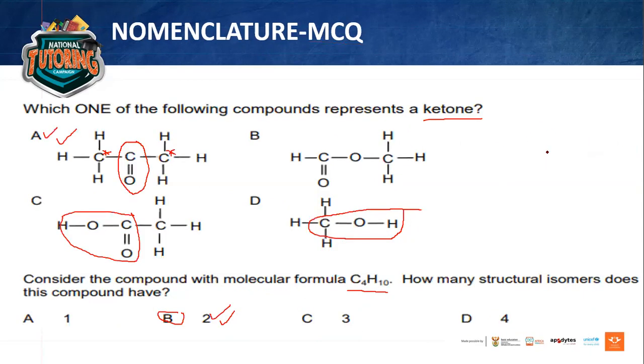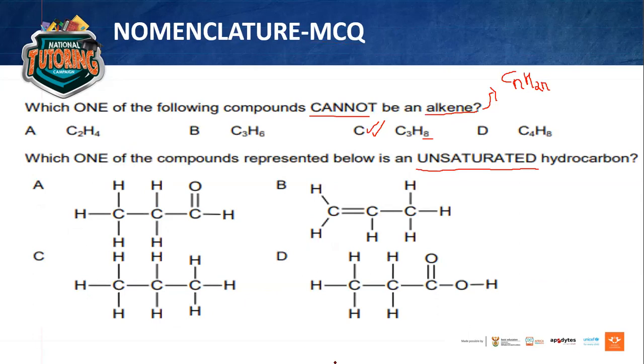So I'm just going to look for a molecule here that has a multiple bond between carbon atoms. And if you just quickly examine all the answers, it will be B. And that is going to give us 2 marks altogether.